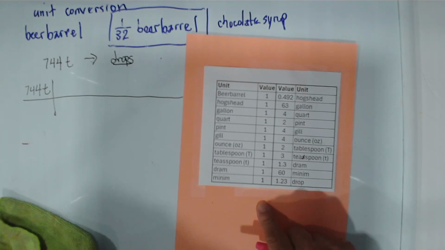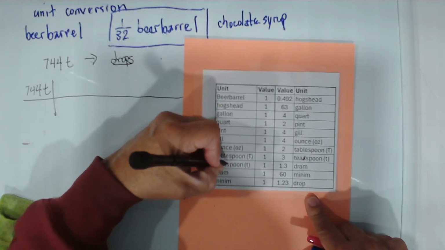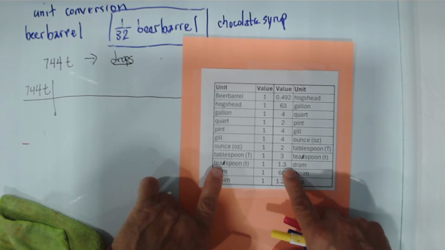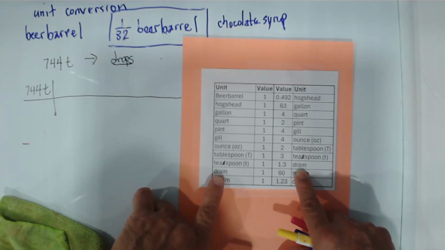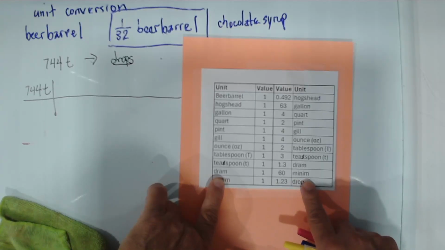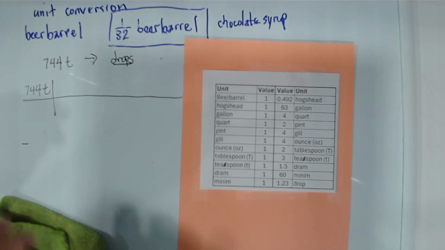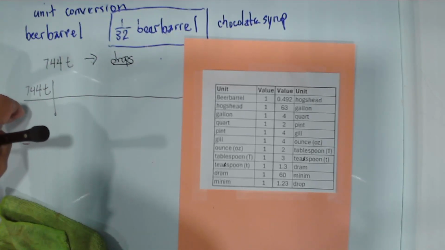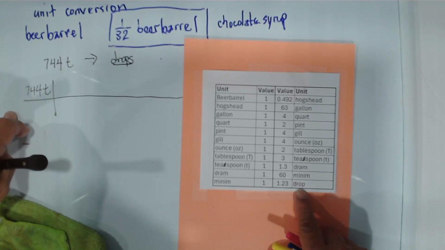What do we do now? We got teaspoons, and we want to convert it down to drops. Let's see, we got teaspoon, we can go to dram. Never had a dram before, but that's a unit of measure. You can go from grams to minims, and then from minims to drops. Okay, so we got 1/32 of a beer barrel, which turned out to be 744 teaspoons, and now we want to get all the way down to drops.